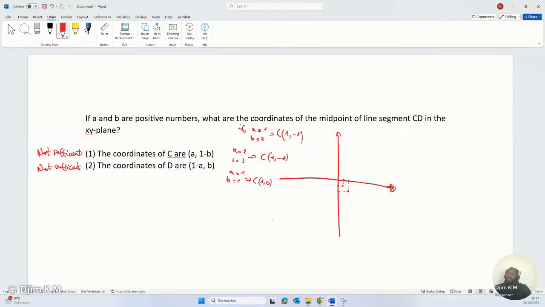The second is not sufficient too, because if we say A is equal to 1 and B is equal to 2, D will be 0, 2.